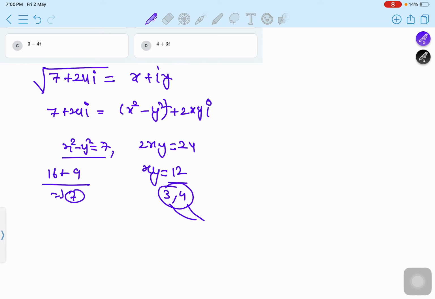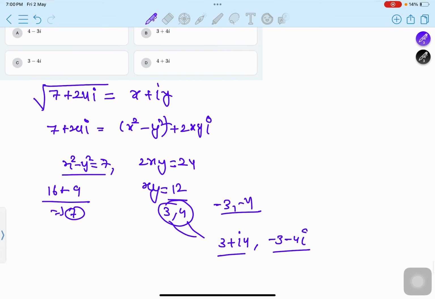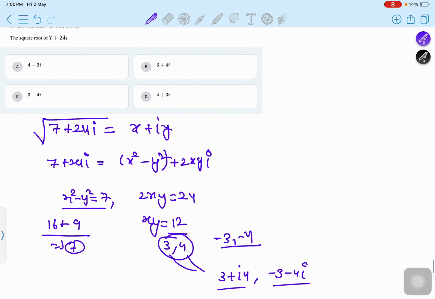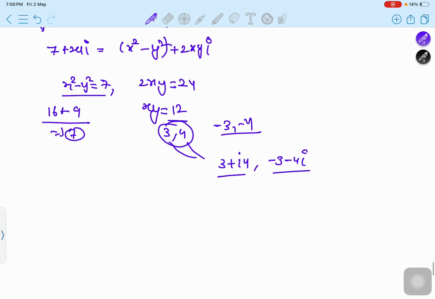Maybe both are minus or both are plus. Right now that condition is the same, x square minus y square, and both multiplied is 12, right? So the one is 3 plus 4 iota, and the second is minus 3 minus 4 iota, right? So how do we find the answer? Only the positive answer is given, no negative answer is given, so this one is the answer.